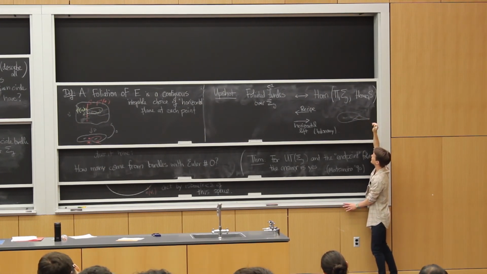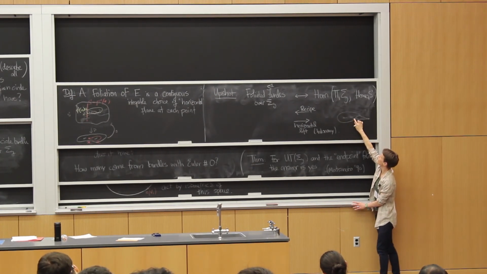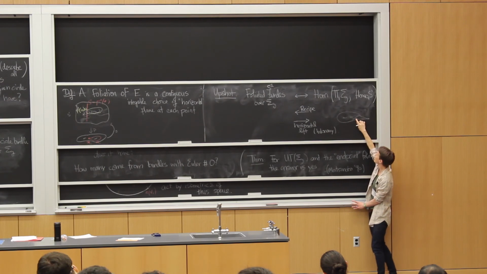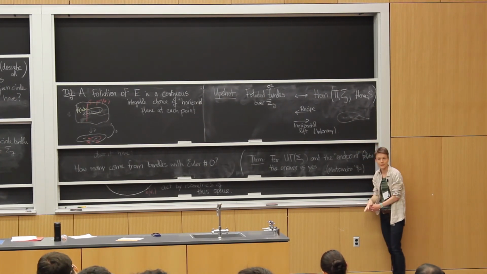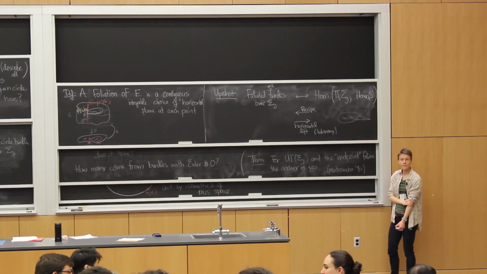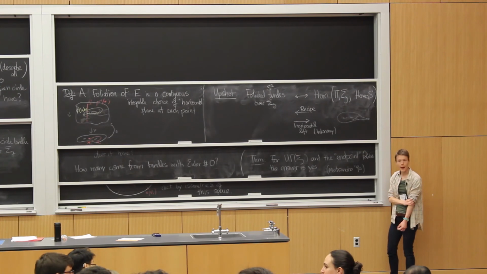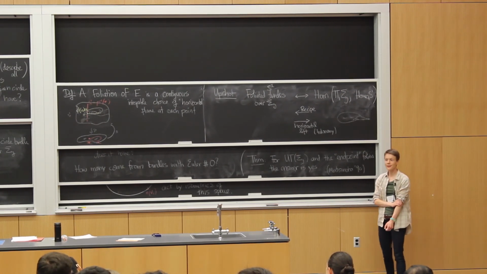Or if this is a cone point, you would take homomorphisms where this element is parabolic, or where it has finite order, order 3, and that's your cone singularity. So this corresponds to holonomy for singular structures, for the right definition of what you want to think about singular structures.